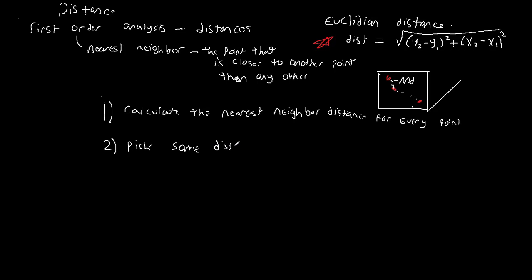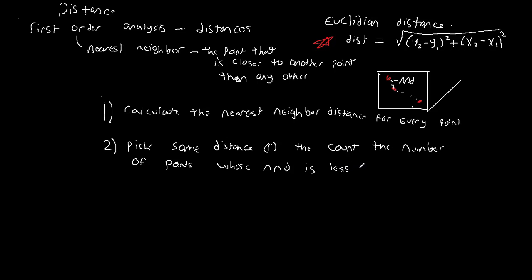Step 2, we're going to pick some distance. I'm going to call this distance r, or radius. Then count the number of points whose nearest neighbor distance is less than r.